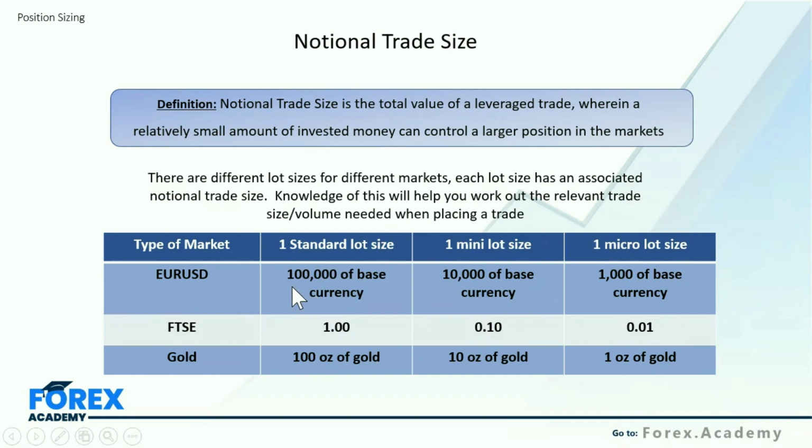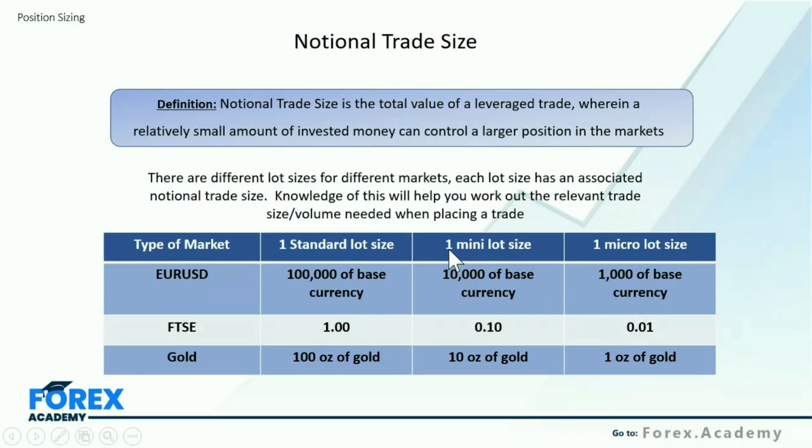If you took away the leverage, you would need 100,000 capital to trade one standard lot. But because we can access leverage, we can access this size of trade with much less capital available to us. But when we're talking about notional trade size, it is important to know how much capital you would be trading if you were trading without leverage.